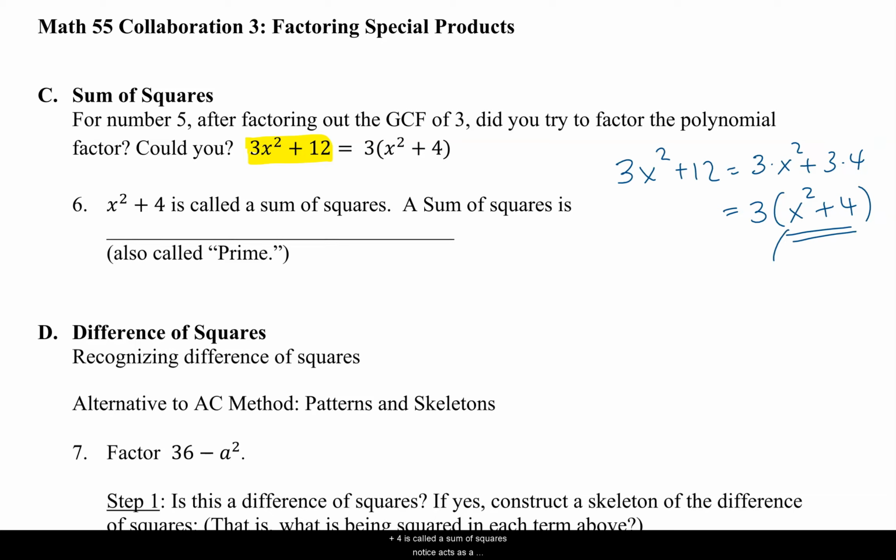Notice x squared is a perfect square. And 4 is a perfect square. And we've got a sum in the middle. A sum of squares is not factorable. I'm not able to split that into 2 factors like we were doing with other polynomials that had x squared in them.